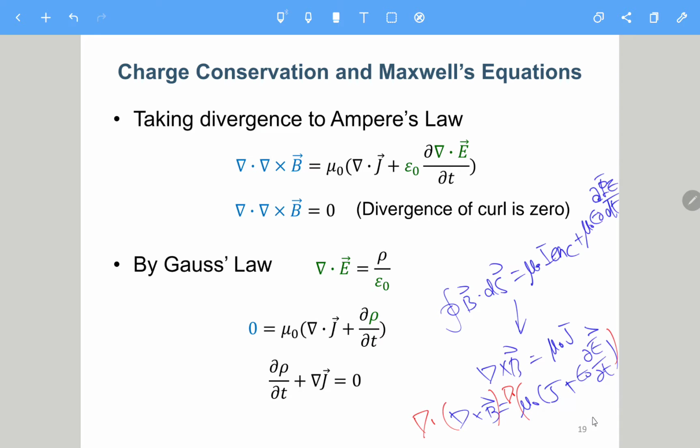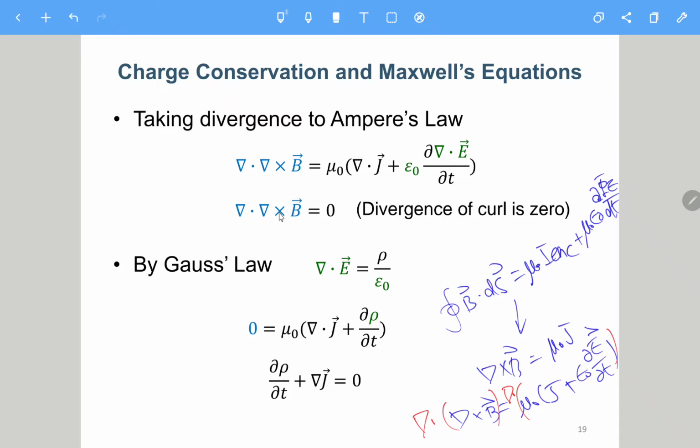Epsilon naught is also a constant, so we have epsilon naught, and the partial t goes directly outside, and the divergence directly goes inside. We have the divergence of E. And actually there is a theorem that the divergence of a curl is 0.